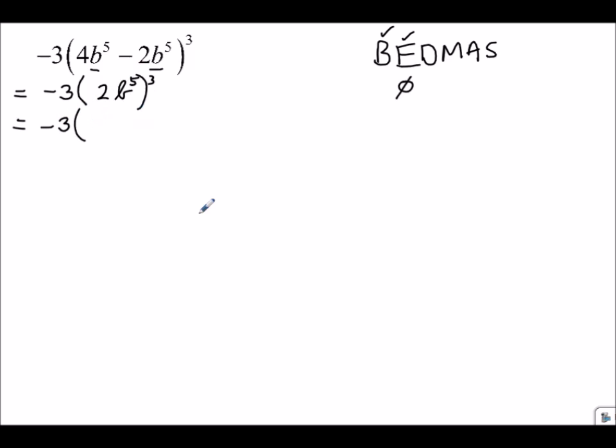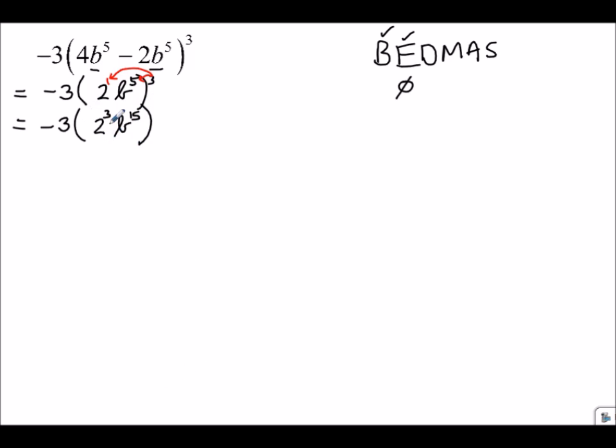When I raise a power to a further power, remember 2 is the same as 2 to the power of 1. I multiply exponents. So 1 multiplied by 3 is 3. I write down my base and I multiply exponents. 3 times 5 is 15. B to the 15. Close my bracket.